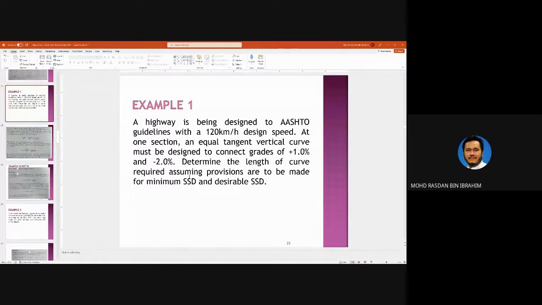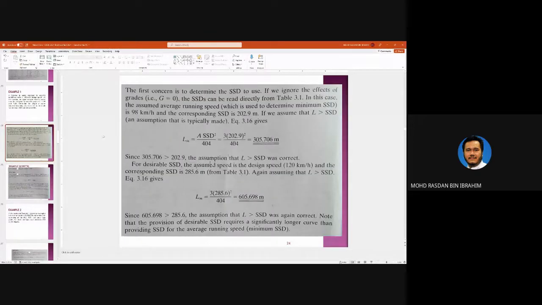First, we calculate the minimum L using minimum SSD and then desirable SSD. So the first concern is to determine which SSD to use.